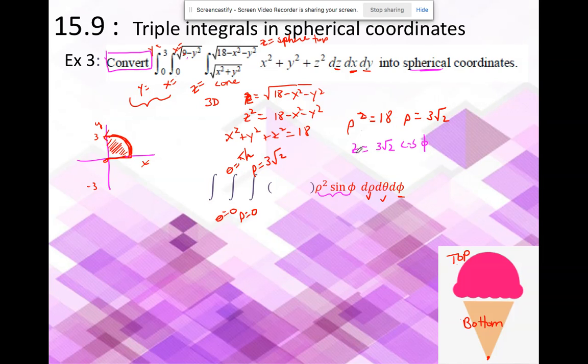So the z, remember, I want the z to be, here's my axis. Where do I rotate? I want to know where these guys meet. Where is that? Can you tell me where the two of them meet?